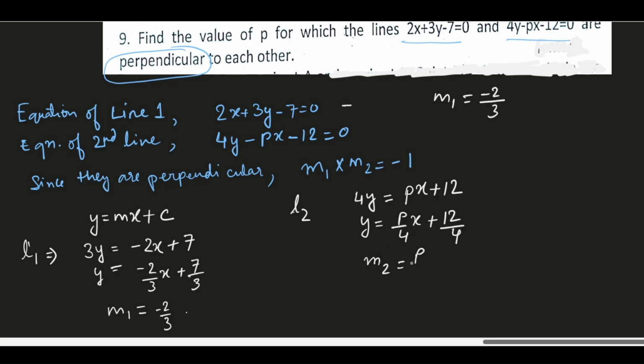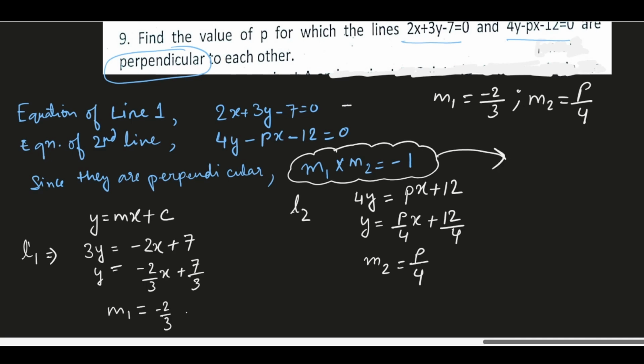M2 will be p by 4. So let's write here M2 is equal to p by 4. Now let's apply the values of M1 and M2 in this equation. So it will be minus 2 by 3 into p by 4 is equal to minus 1.